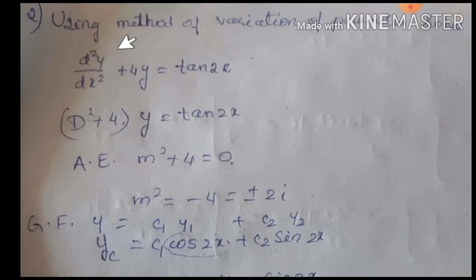But here I can't apply the inverse differential operator method, because those methods are defined only for some standard functions. In type 1 we studied how to find the particular integral based on the right hand side function. If an exponential function is there, I apply the type 1 method.